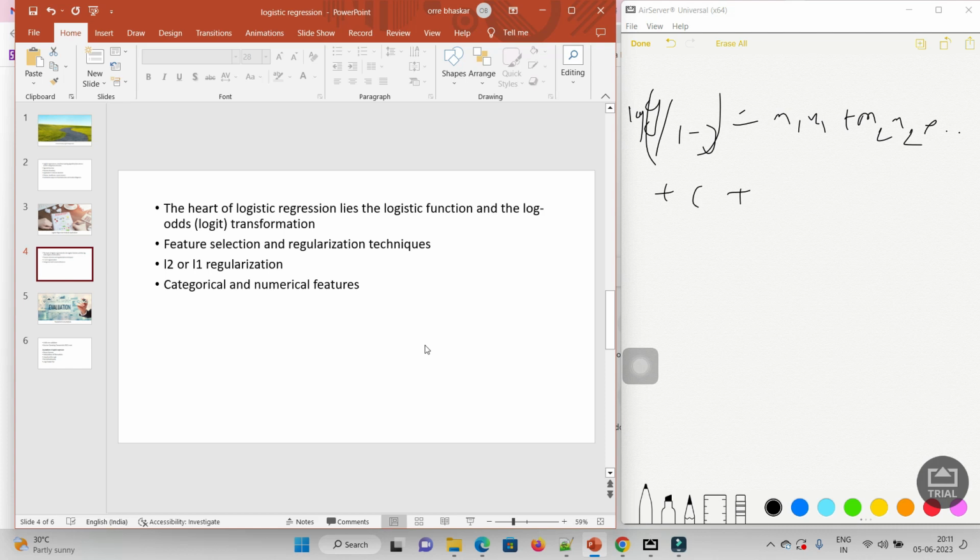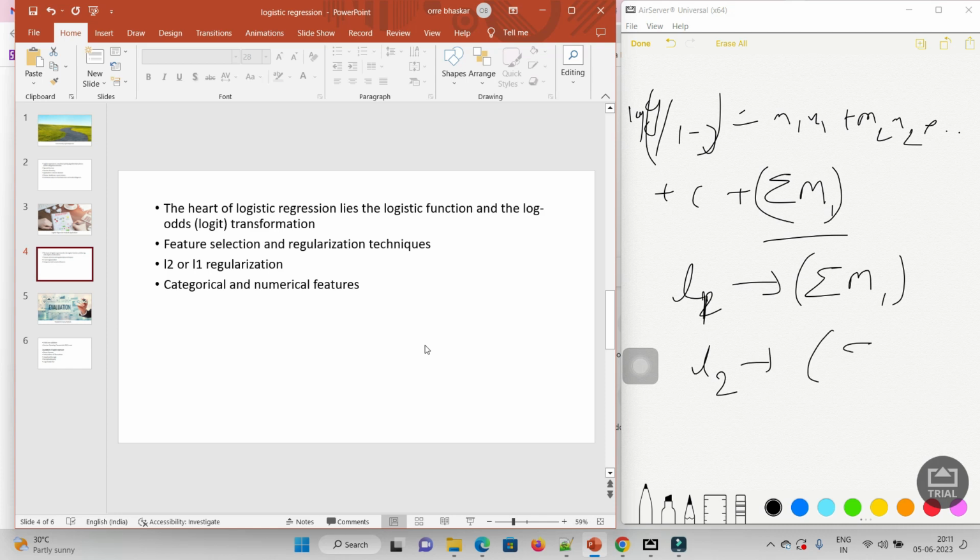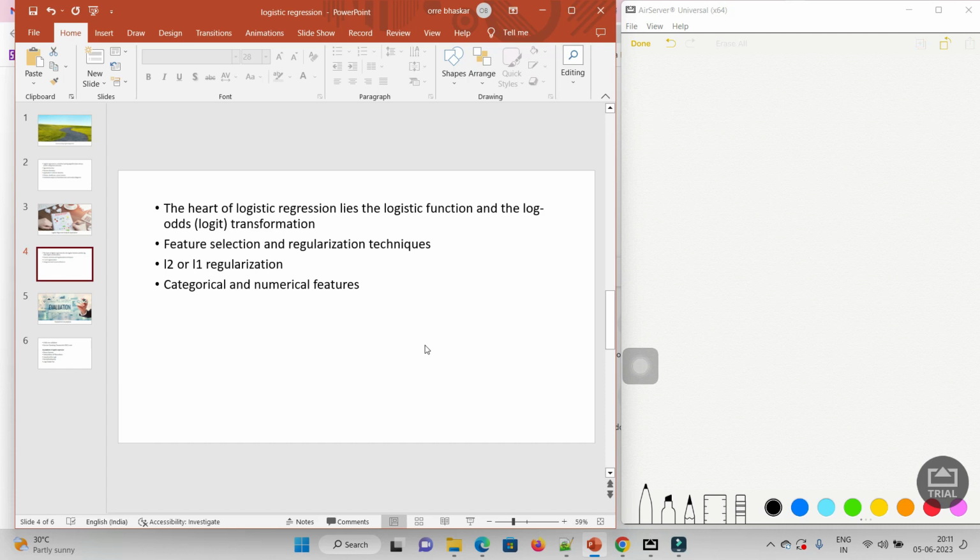We can simply make it L1 regularized by adding the sum of coefficients, just a sum of coefficients. So L1 means adding sum of coefficient values, and L2 means adding sum of squares of coefficients.